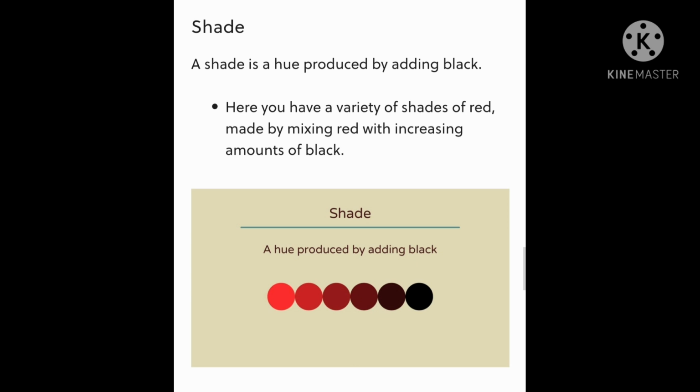Here you have a variety of shades of red made by mixing red with increasing amounts of black. As you see, the bright red with a mixing of black turns gradually towards maroon to brown to dark brown to burgundy, and finally it is transformed into pitch black.